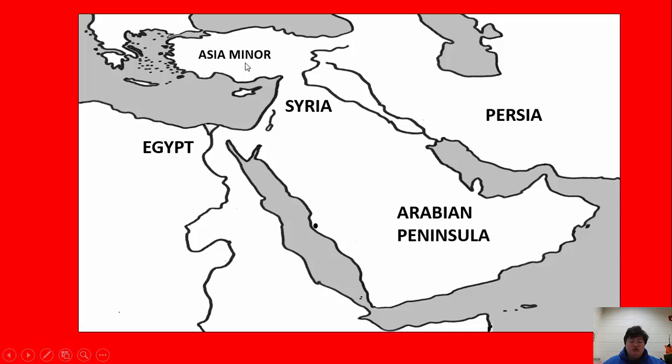Now label this little chunk up here. It's called Asia Minor. Asia Minor. Now we're going to label this very bottom little piece right here. There is a little country here called Yemen.